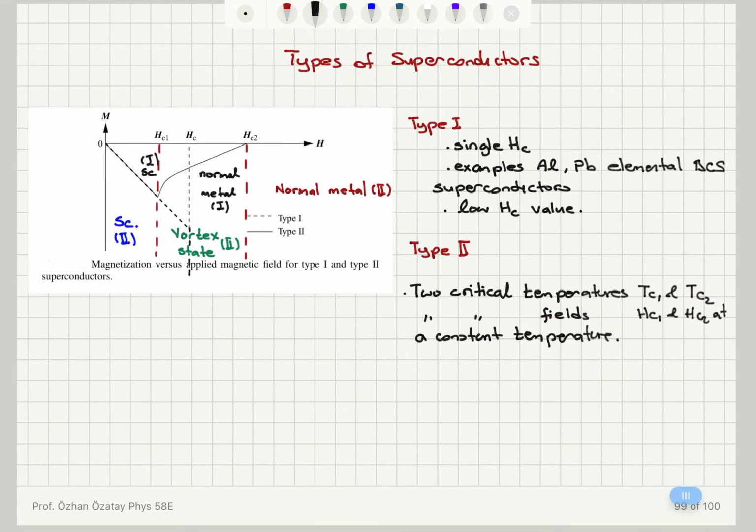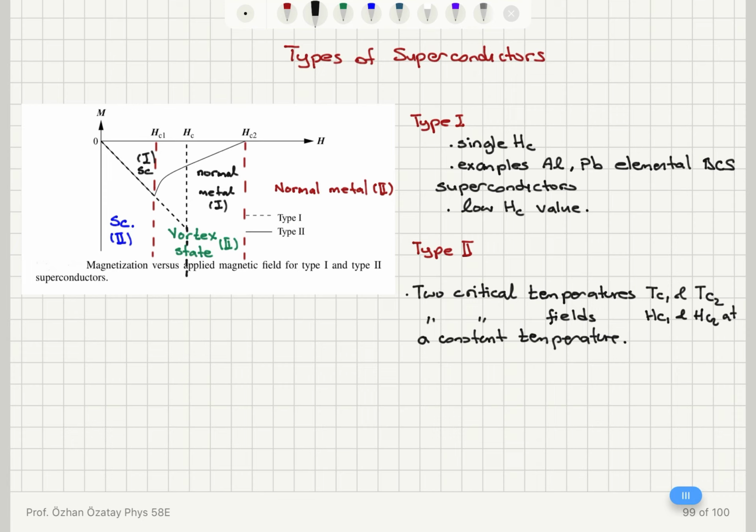So in a type 2 superconductor, when we have T less than TC1, all the flux lines are completely expelled. Chi is equal to -1. So between TC1 and TC2, on the other hand, we have a mixed state, or also known as a vortex state.